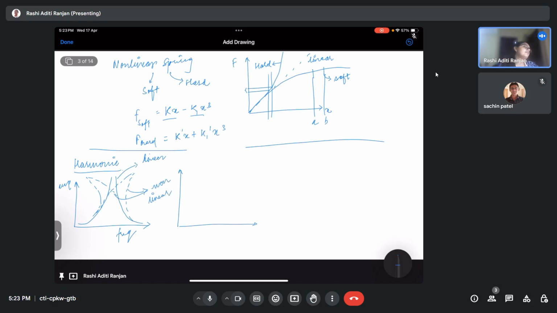Apart from this, if I consider a very small amount of vibrations, in the linear range, I would say, you'll notice that in case of a nonlinear system, apart from having a peak at the resonant frequency, we can also have a small peak over here and a small peak over here. If this is omega, then this is n times omega, and this is omega by n.